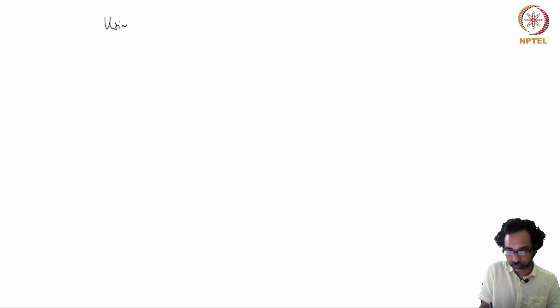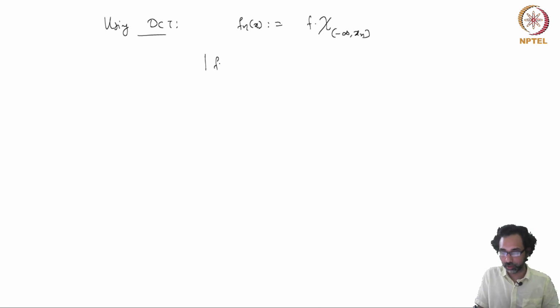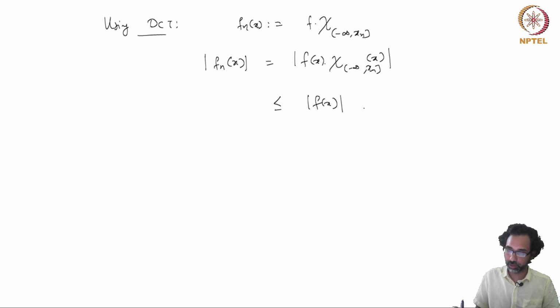So using the dominated convergence theorem, for the sequence of functions fn(x) defined by f times the indicator function of minus infinity to xn, we have the modulus of fn(x), which is the modulus of f(x) times the indicator function of minus infinity to xn, less than or equal to the modulus of f(x), and this is an integrable function.